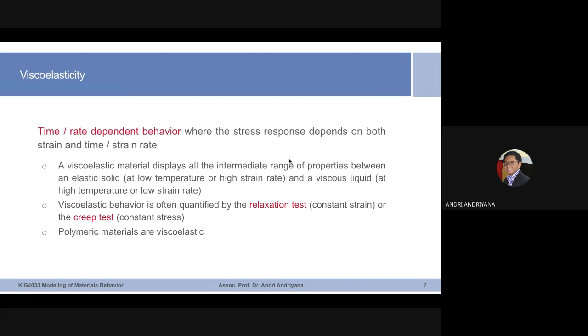However, if you bring the viscoelastic material to a sufficiently high temperature, or equivalently load it at a sufficiently low strain rate, then the behavior will be closer to a viscous liquid. So the mechanical response of viscoelastic materials depends on temperature and how fast you load the material.